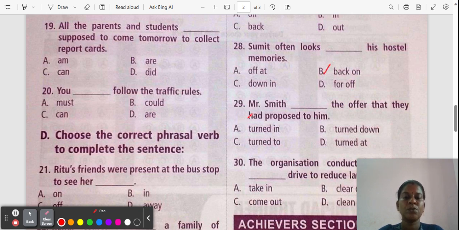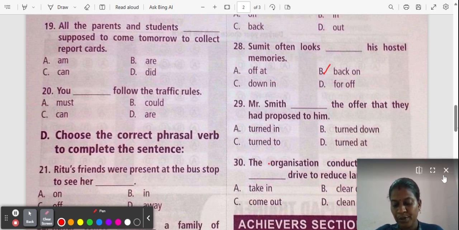Option B. Then question number 29. Mr. Smith dash the offer that they had proposed to him. Option A, turned in. Option B, turned down. Option C, turned to. Option D, turned at. Turned in means give back. Turn down means reject or refuse. Turned to means to go to something.